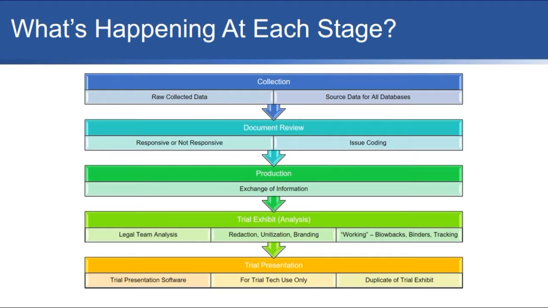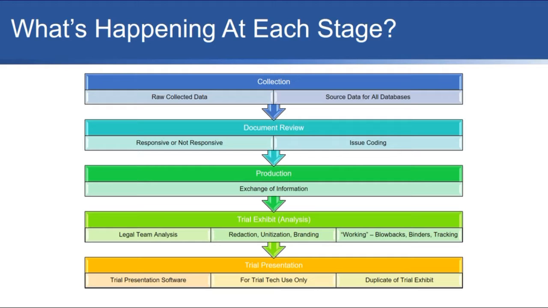Here is the process presented another way visually that categorizes what happens to ESI on its path from being collected to becoming an exhibit. As you see in the collection stage, we're collecting raw data from people's computers and servers and other data sources. And that's the source data for all databases used all the way to trial.